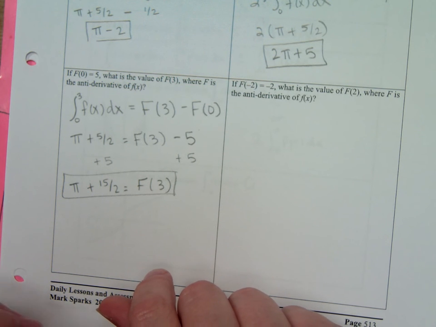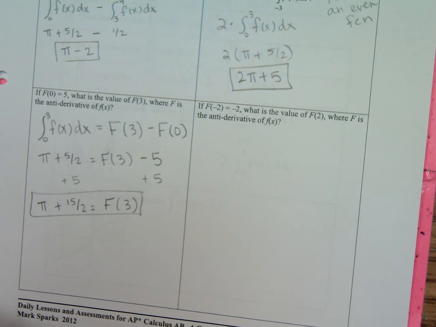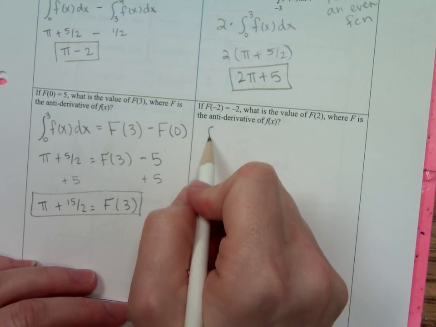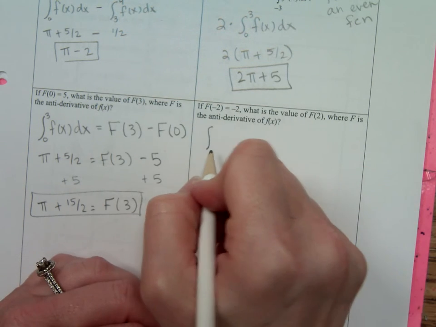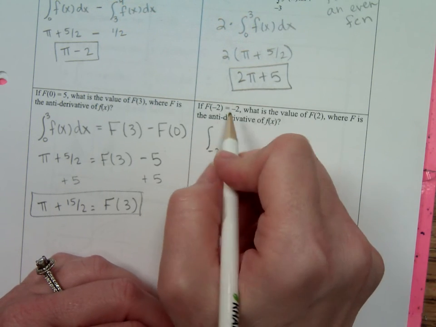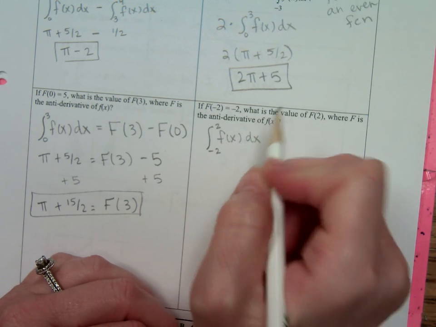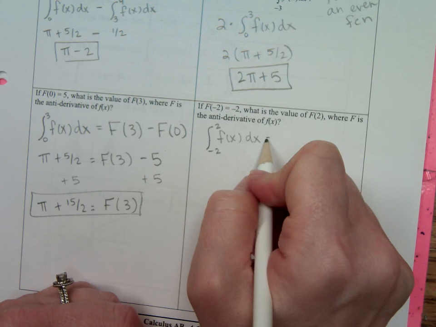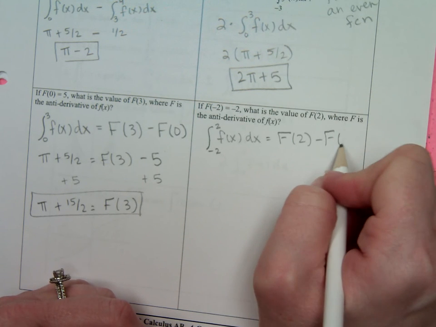All right, let's try this one. If f of negative 2 equals negative 2, what's the value of f of 2, where f is the antiderivative of f of x? All right, so this time we're going from negative 2 to 2, f of x dx, and that has to equal f of 2 minus f of negative 2.